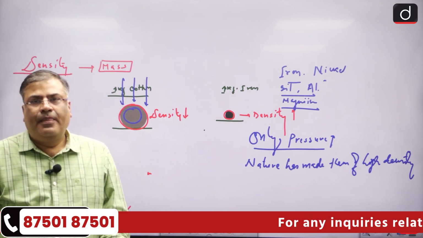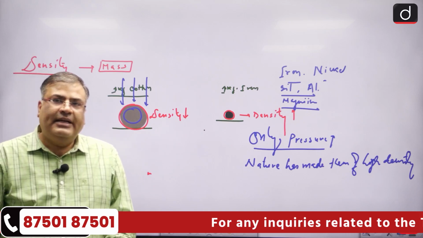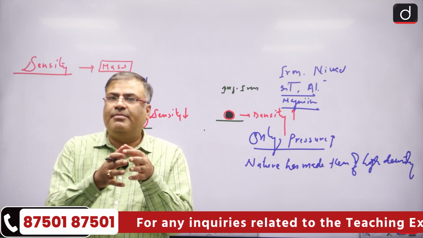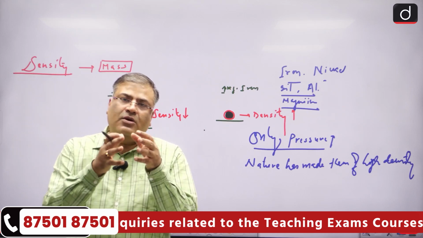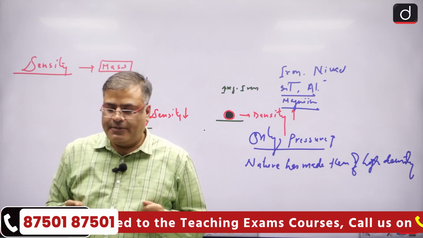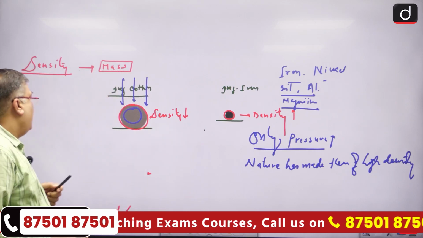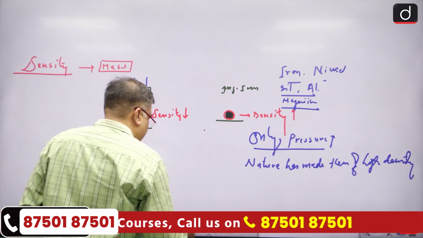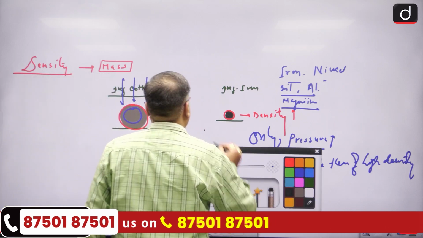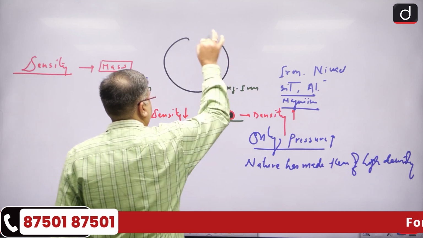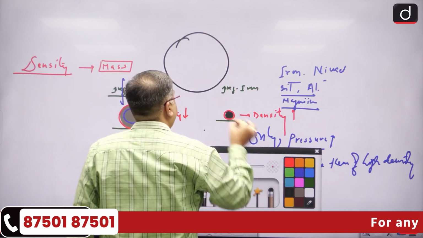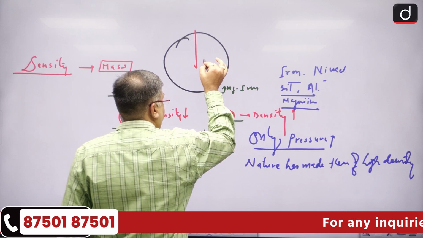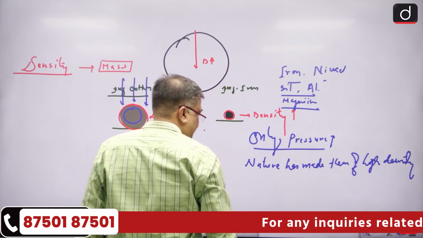All right. So it is said that the Earth interior is made up of high density rocks or high density materials. Now, can we conclude that as we go gradually deep inside, density also increases?